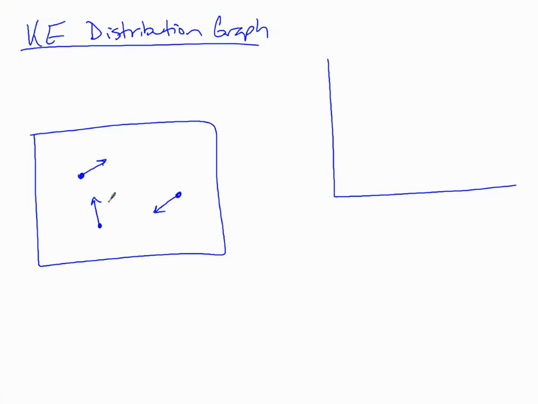But in this same room, or this box, we probably have one that's going slower, which, as far as kinetic energy is concerned, is colder. And maybe here's one moving slower. But over here, there's one that's moving really fast. Higher kinetic energy, meaning that its temperature would be higher.